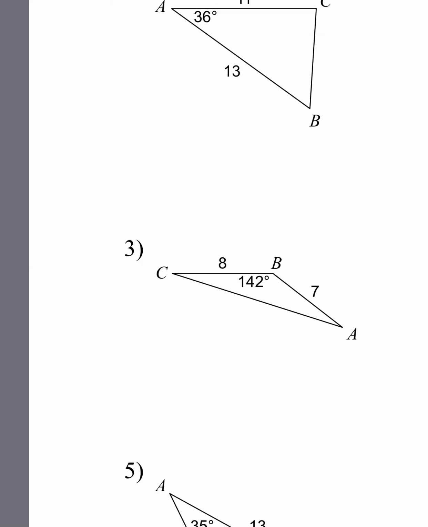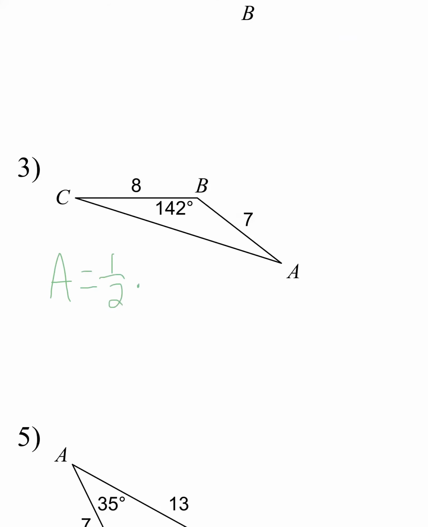Which one do I need? It's just whatever the two sides are that they give you, 8 times 7, and then just make sure the angle in between those two, which is sine of 142. If they didn't give the angle in between those two sides, I'd have to give you some way to find it. Otherwise, you can't use this formula.